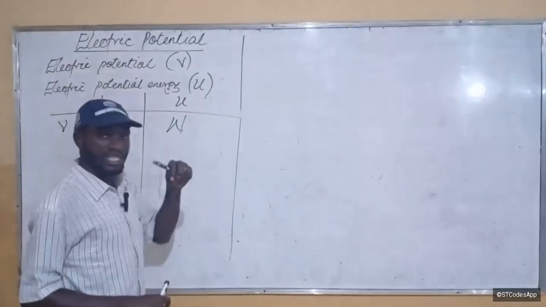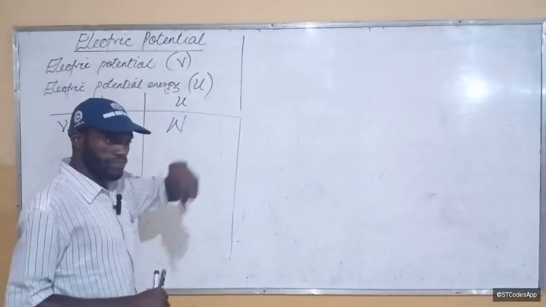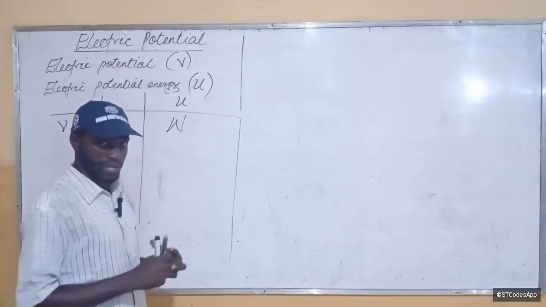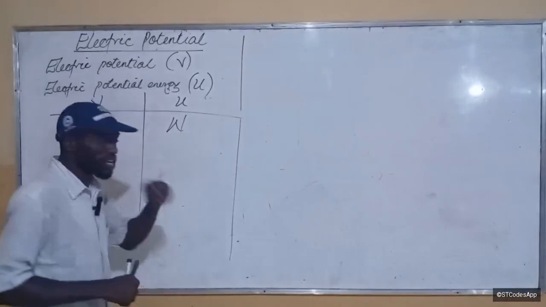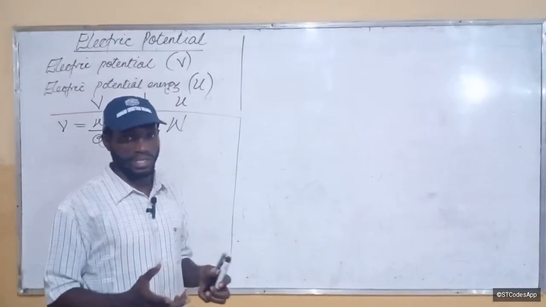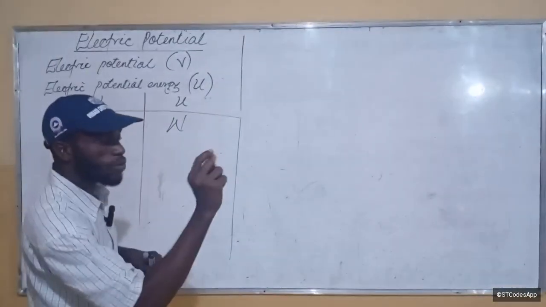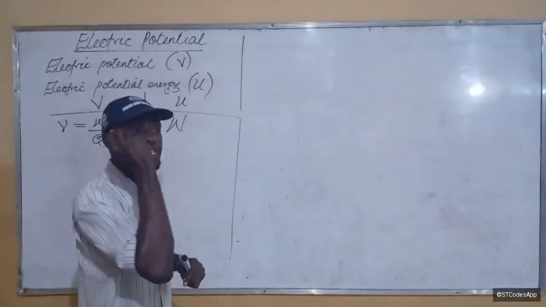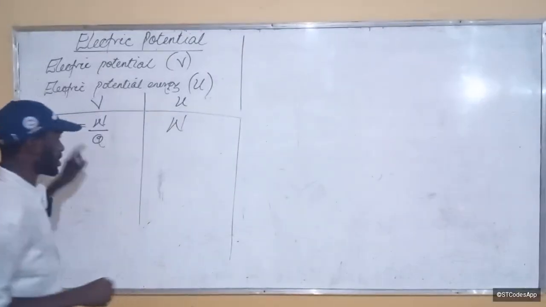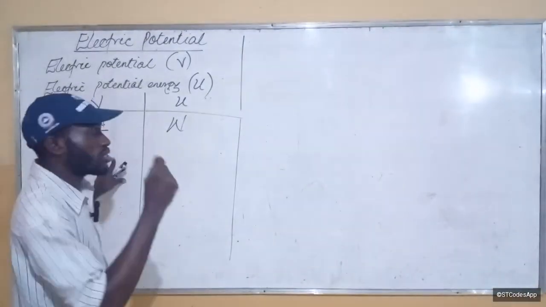Electric potential energy is the work done itself in bringing a charge to a point. But electric potential is the work done on each unit of charge.